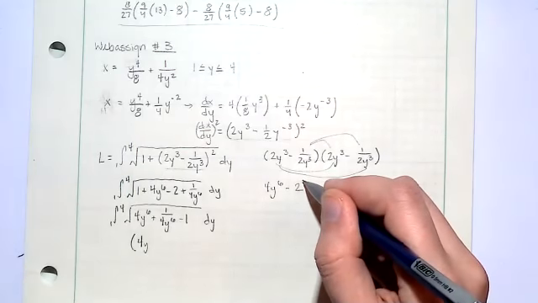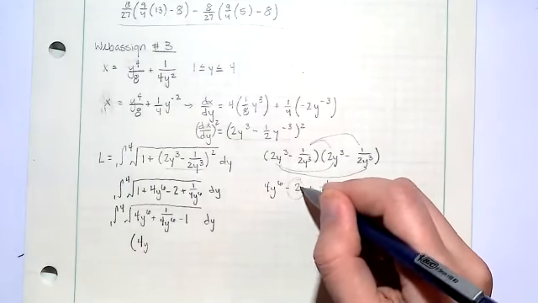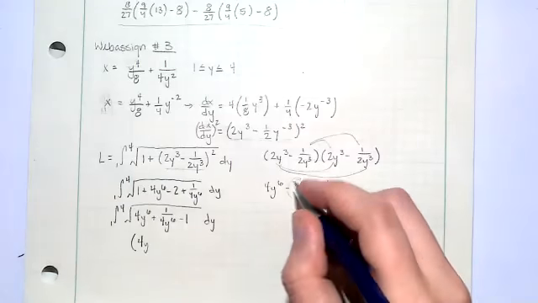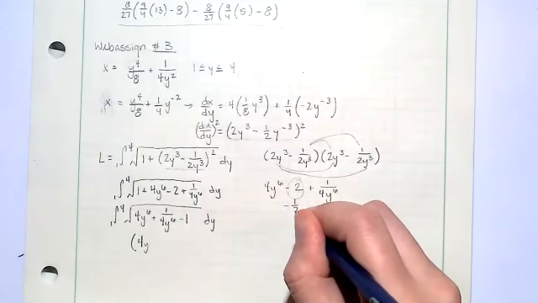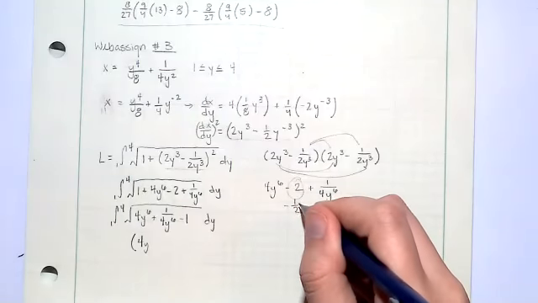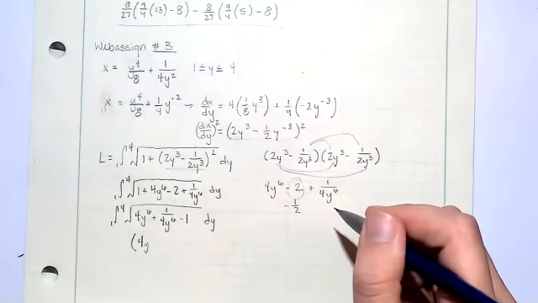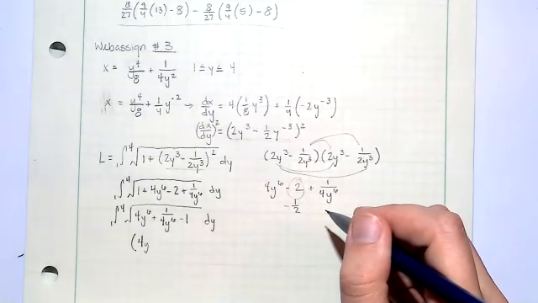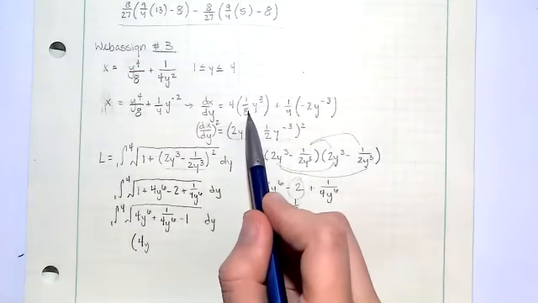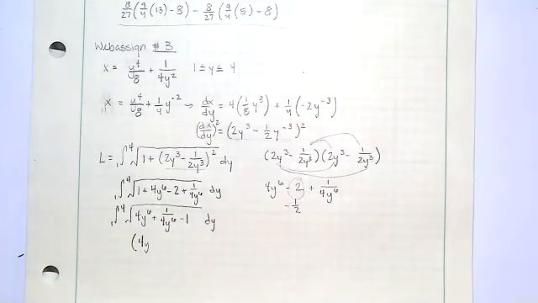So folks, somewhere along the way, this minus 2 should actually be a minus 1/2. I'm trying to figure out where it goes. Oh, but they also have a 1/4 in front of theirs. Oh, haha. 4 over 8 is not 2, it's 1/2.